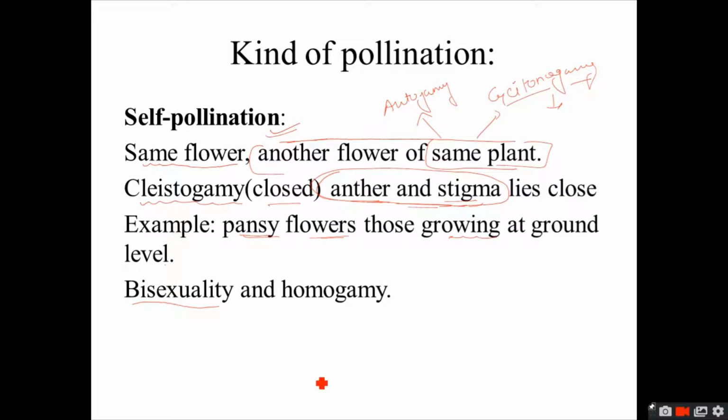Now the two important conditions for self-pollination are bisexuality and homogamy. The term homogamy defines what I had discussed earlier.